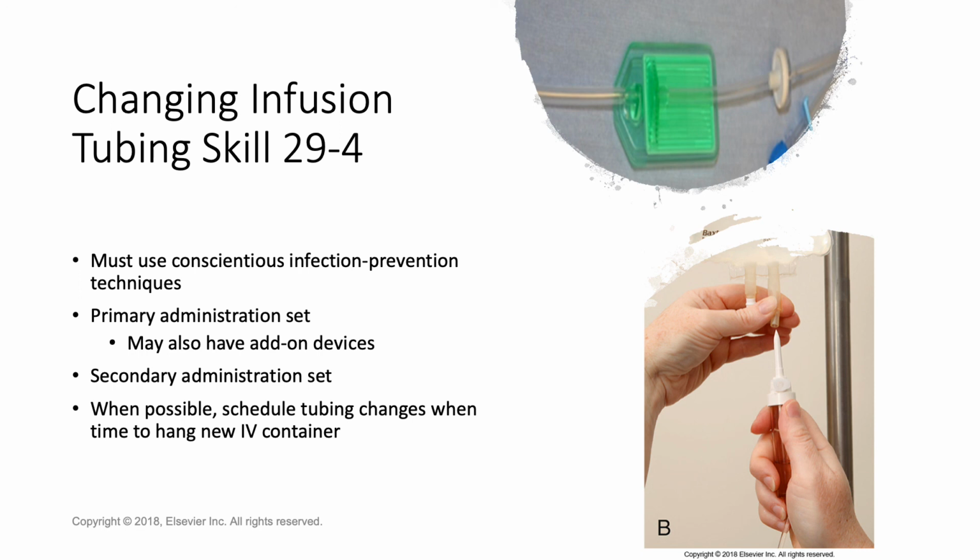You must adhere to strict infection control techniques, aseptic technique, when it comes to changing the IV tubing. In image B, this is a nurse inserting new tubing into the IV bag, and they have to make sure that the spike goes directly into the bag.